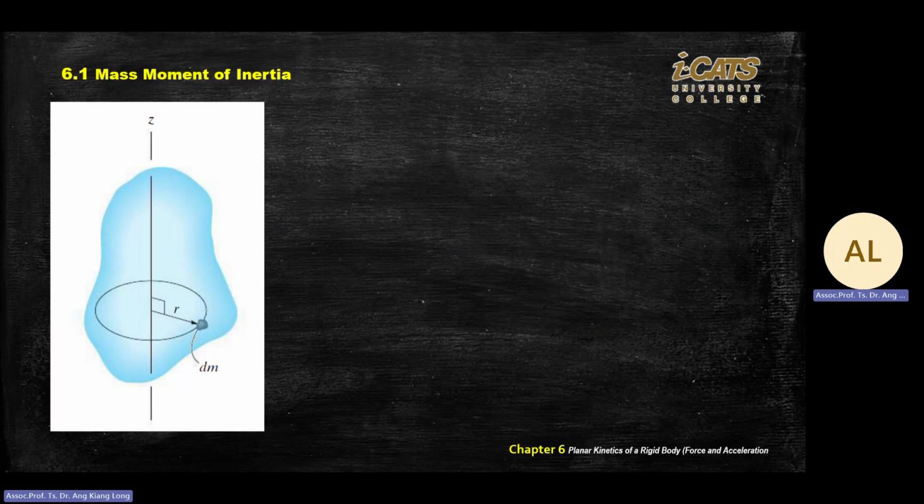So let's say you have a body and there's one small piece of that body with a mass. We call it dm. This is a small piece of mass, and from the center of rotation z, the distance we measure is r, or the radius.